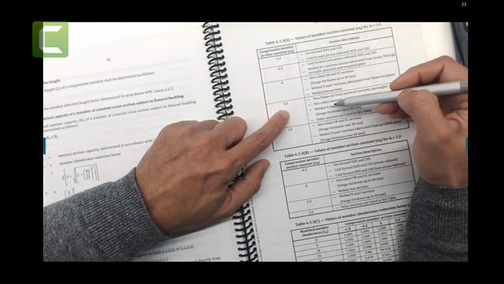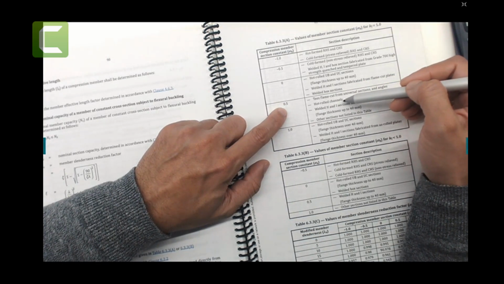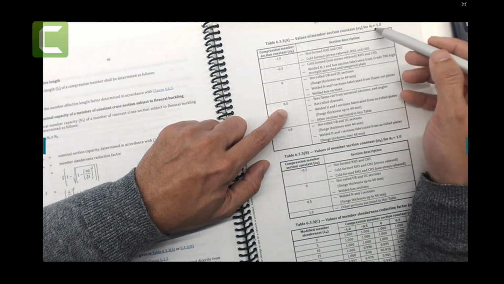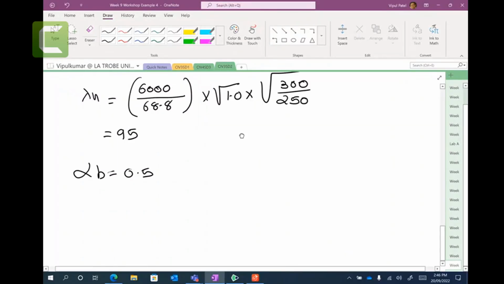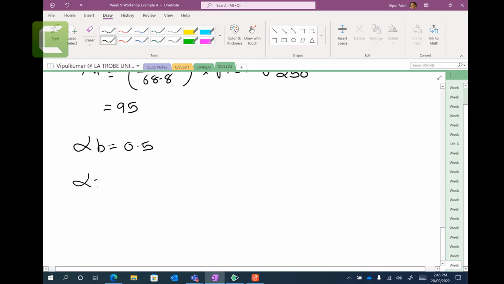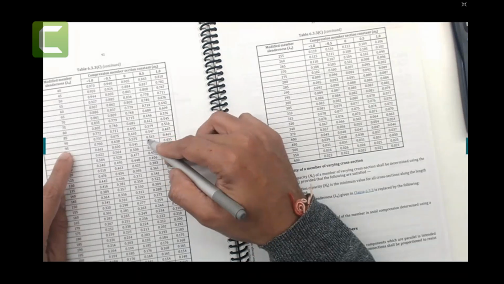I think this is a hot rolled one, because the steel one is hot rolled, and Kf equals 1 and 0.5 for the hot rolled channels. Alpha c 95 and 0.5, 0.515.